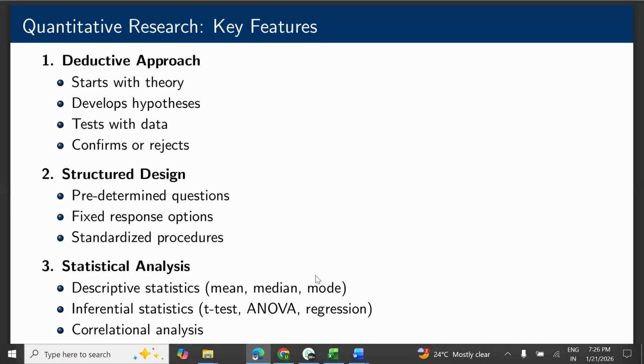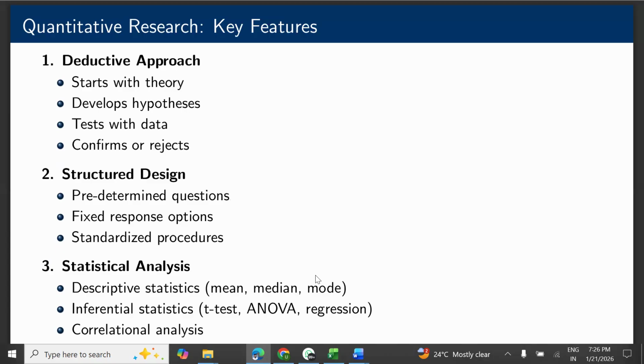Next, we'll start with the deductive approach. First of all, we start with the theory and then develop hypotheses, test with the data, and after the discussion of the result, we either confirm or reject the hypothesis.